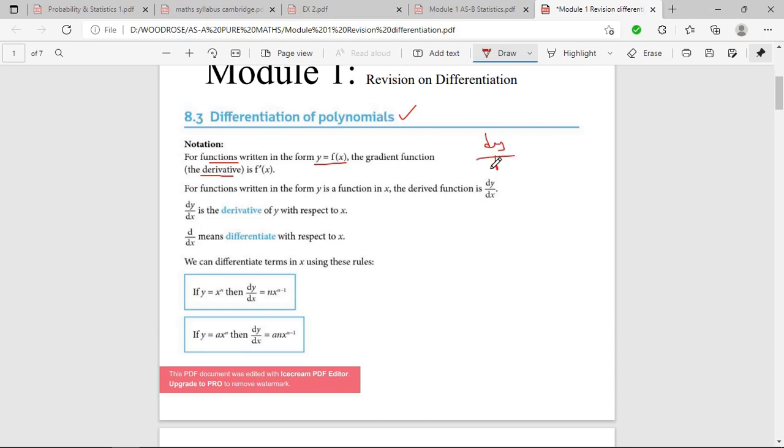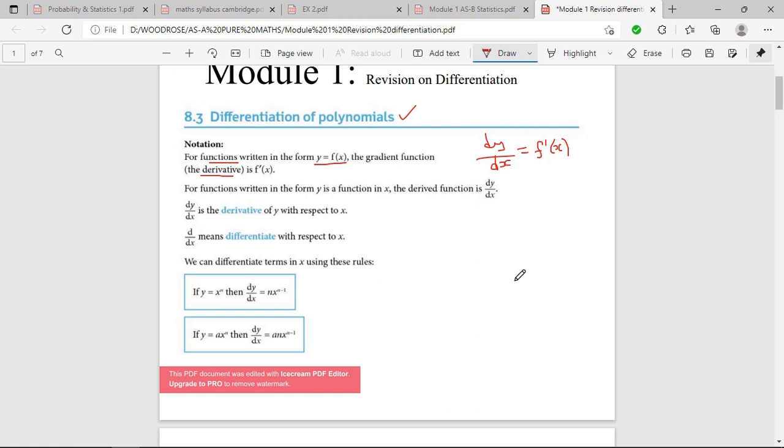That is the gradient function, or the derivative, denoted by dy dx, or you can write it as f prime of x. So this is the notation for the derivative.